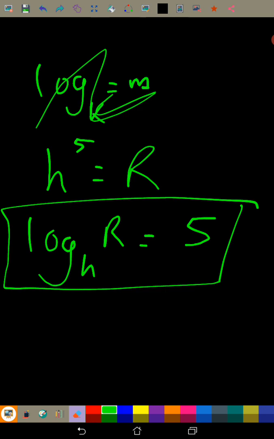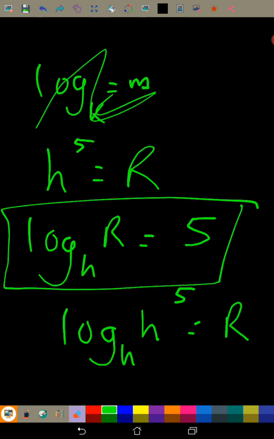Not so easy, yeah? Some people just say log h of 5 is equal to r, but you have to log on the other side as well.